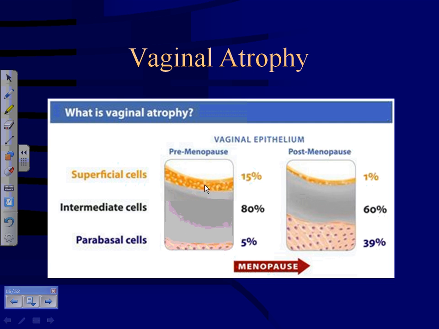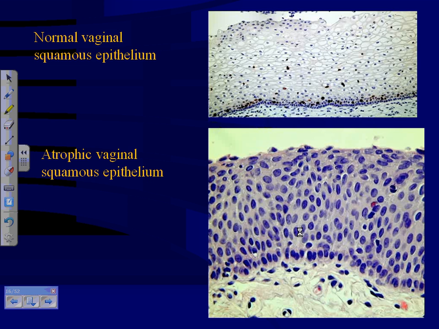Intermediate cells are your thicker layer of cells, and then you've got this thin layer of very mature superficial cells on the surface, which comprise about 15% of the epithelium normally. Postmenopausally, this mature layer gets thinner, as does the intermediate cell layer, and the parabasal cells tend to proliferate. And again, this is indicative of the immaturity of the epithelium.